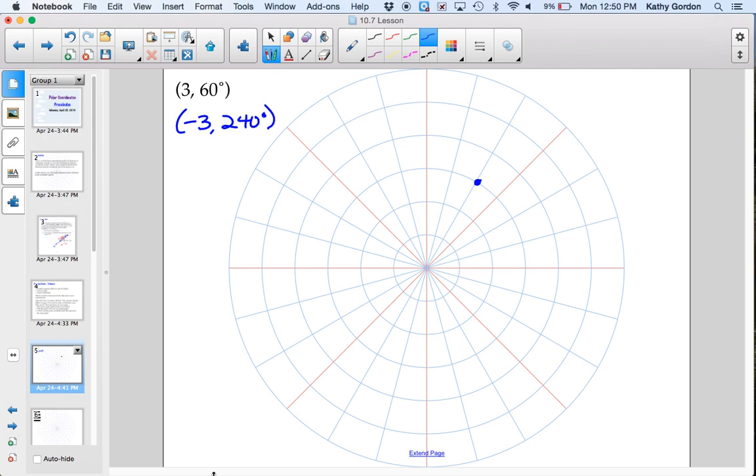Does that work? So 240 actually gets us all the way over here to that line. But because it's a -3 now, instead of going on that terminal side, we go the opposite direction, the 3 units. So yes, that is another representation.